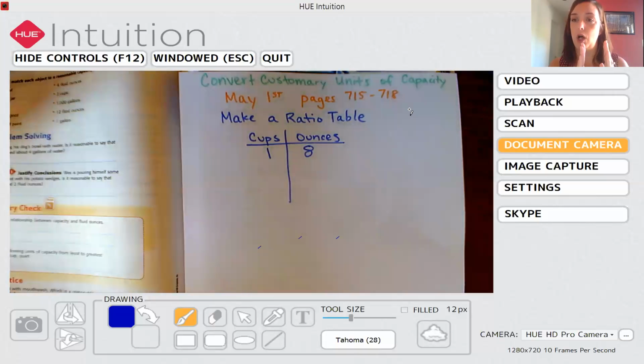But like a small container of milk is often a quart. And then a gallon, that big measurement that we usually buy our milk in gallons, okay?